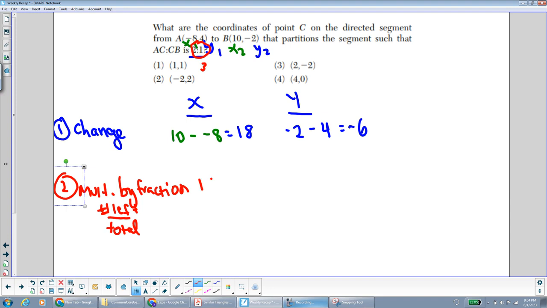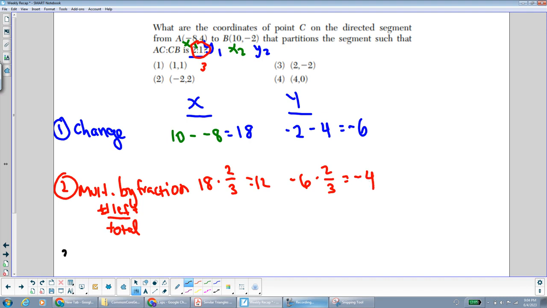I'm going to take our 18 from step 1 and multiply it by the fraction we just created. I'm going to take my -6 from step 1 and multiply it by the fraction we created. So 18 times 2 over 3 is 12, and -6 times 2 over 3 is -4.